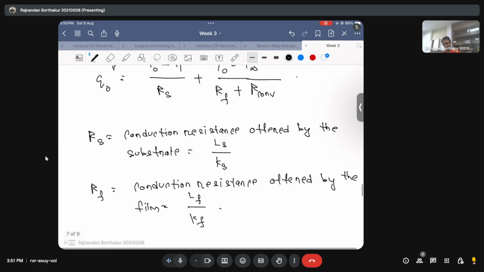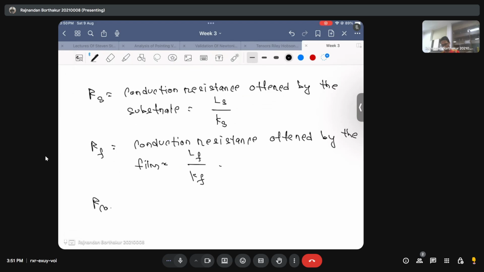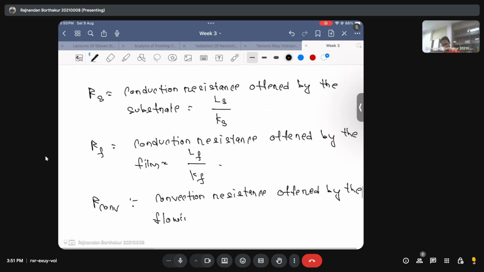But remember there is one more resistance, the convection resistance, and we know that this R convection, the convection resistance offered by the flowing air, is 1 upon h, because again the area will just cancel out since we are considering flux.